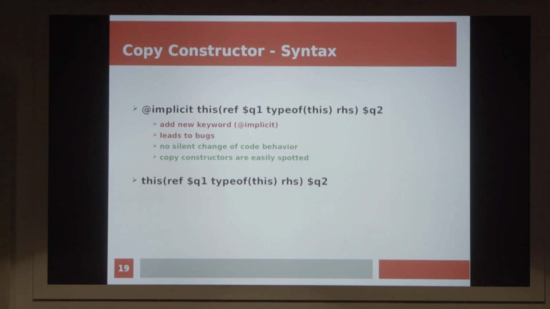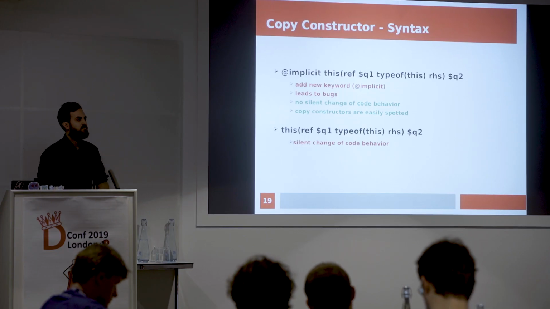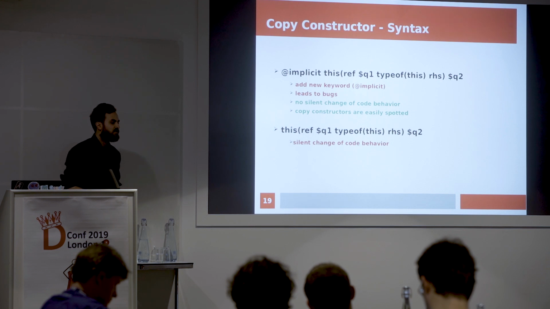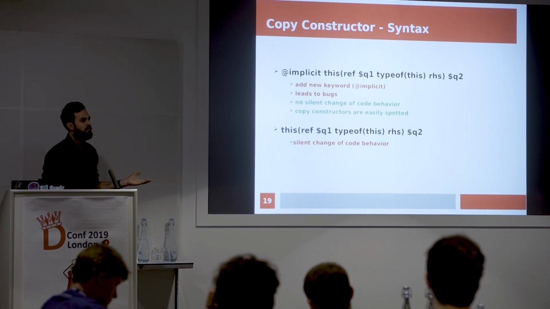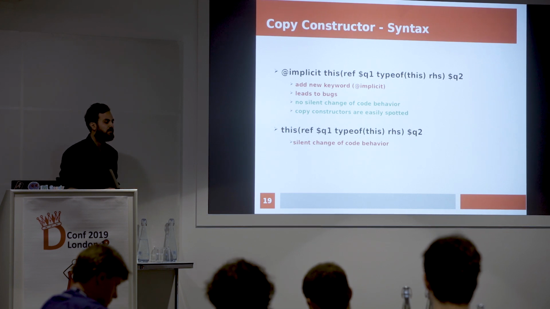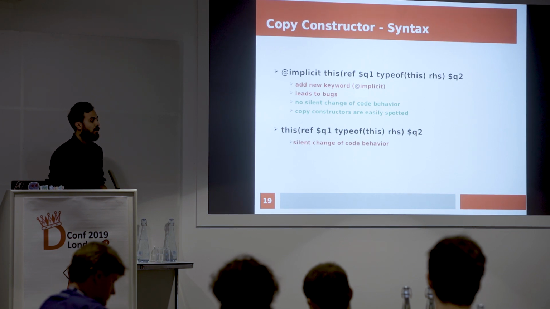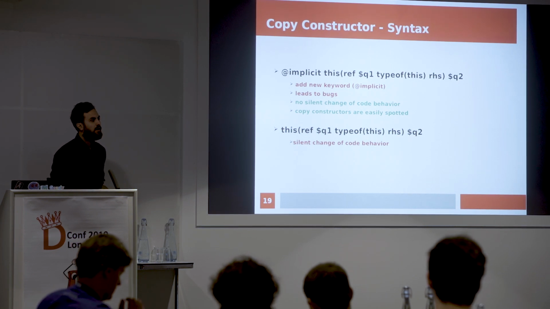So this is how a copy constructor looks like. The problem is that it introduces some silent code change behavior. So if you had this signature in your code, then you will end up with some calls being made to your constructor that maybe you didn't expect. But it can be argued that once you have this signature, what on earth could this be other than a copy constructor?